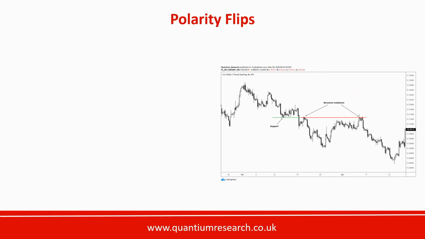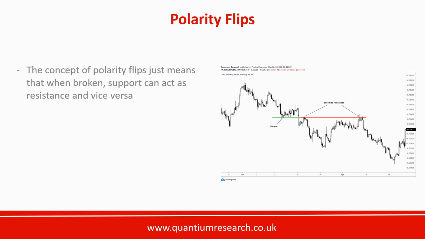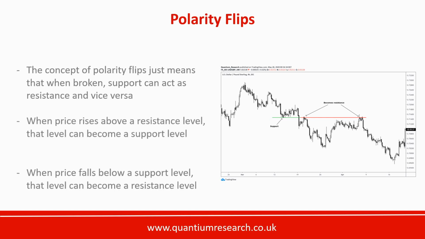So most support and resistance levels won't hold forever. Eventually, price usually breaks through them. So when that happens, a polarity flip is when a prior resistance now acts as a support, or a prior support level now acts as a resistance. So in the example we've got here, the price falls below a prior support level. This is the prior support level.